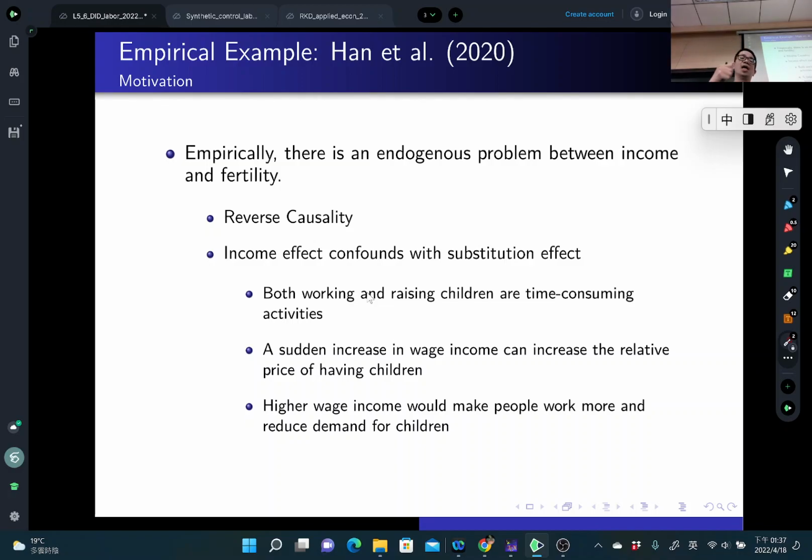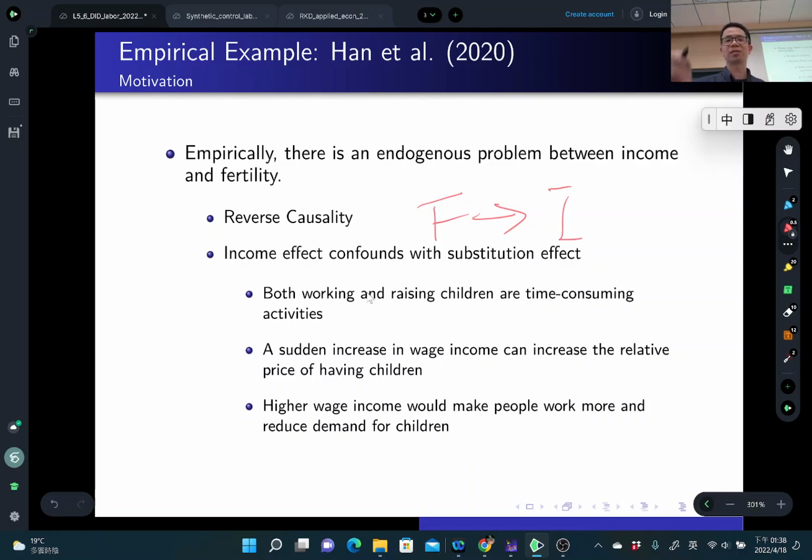They find that when women give birth, their wage income will be reduced for over 10 years, because they might give up their career, they might not have a job after having children, they leave the labor market. So this is fertility affecting your income, not income affecting fertility. So you might have this reverse causality problem.